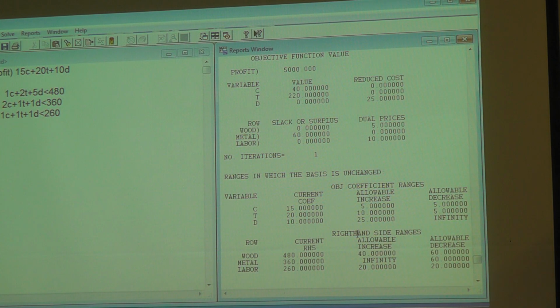They don't satisfy this constraint. They are not to the right, to the left of this line. So you can increase the coefficient in the right hand side of this constraint only up to a point. Up to this point, the basic variables, which means just which variables are basic and which are non-basic, will not change. After this point, it will change.